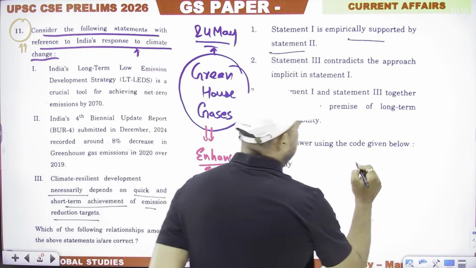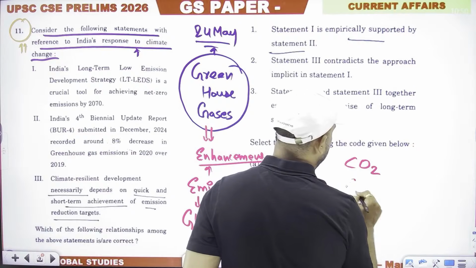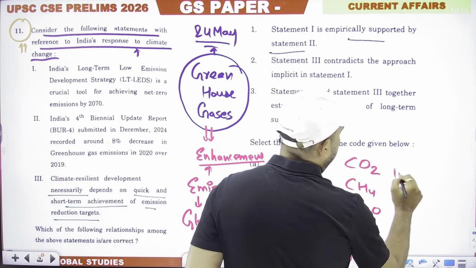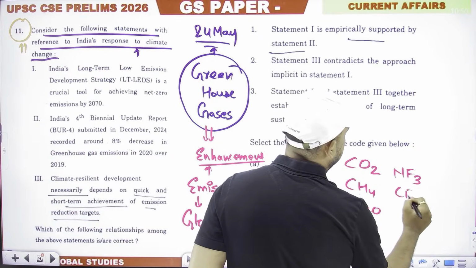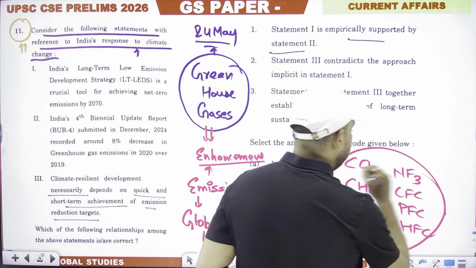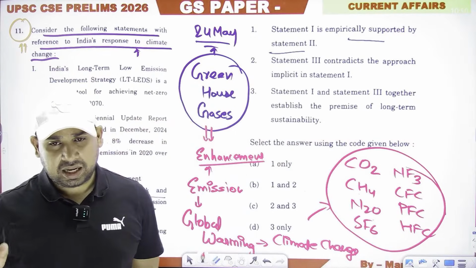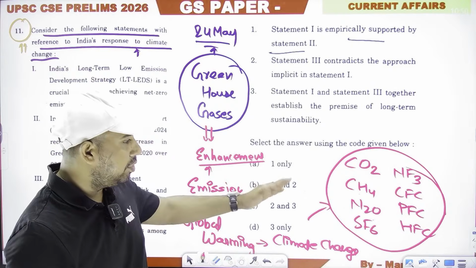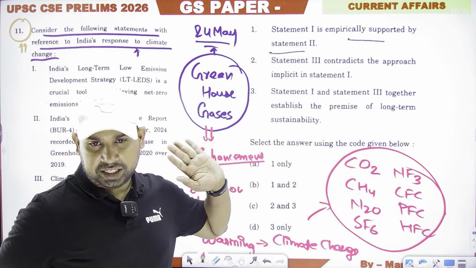These gases, CO2, CH4, N2O, SF6, NF3, CFCs, PFCs, HFCs, are the things which create climate change. If we want to curb climate change, we have to reduce the emission of these gases.